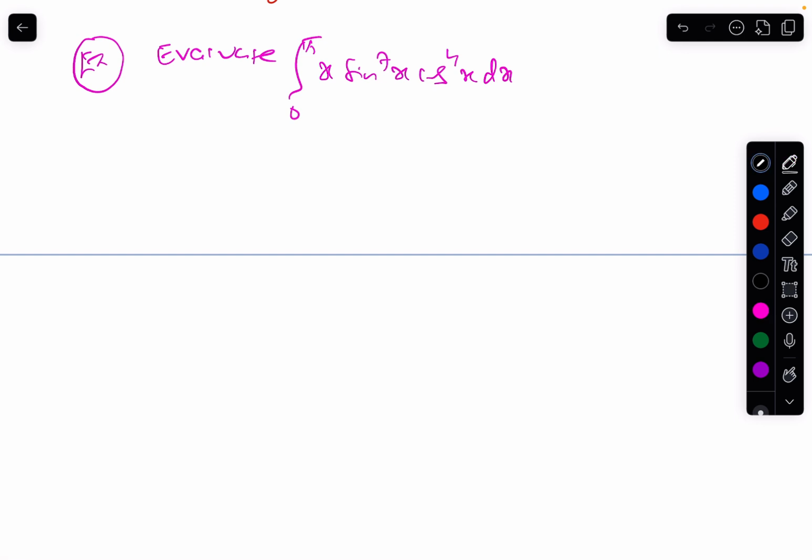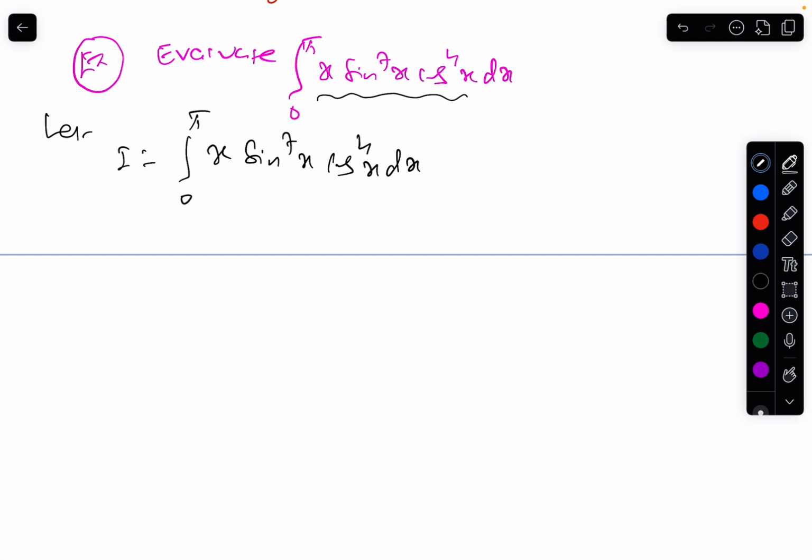Now here we shall use some rules of definite integration. So let I equal to integration 0 to pi x sine power 7x cosine power 4x dx.